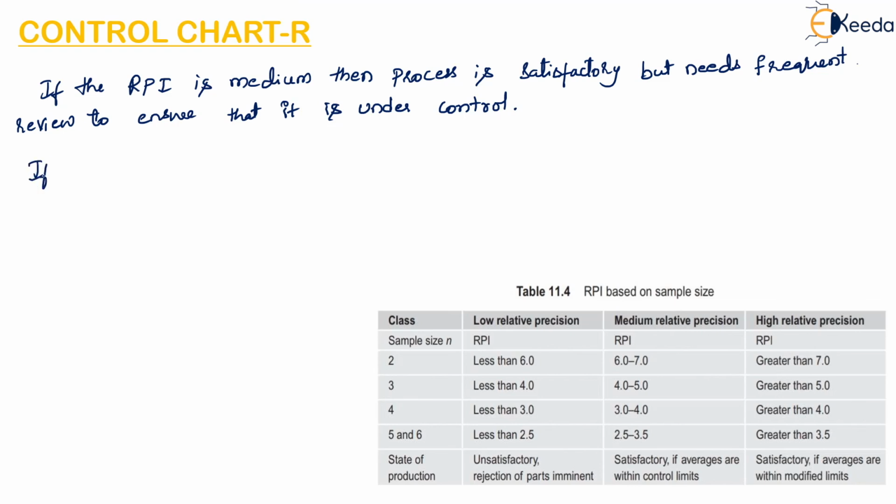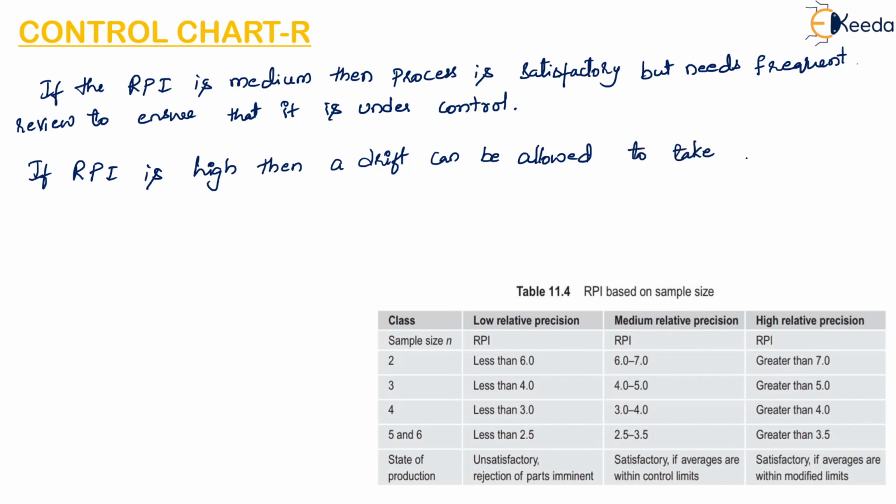So if RPI is high, then a drift can be allowed. So we can allow the process to drift towards any control limit before the setting is adjusted.